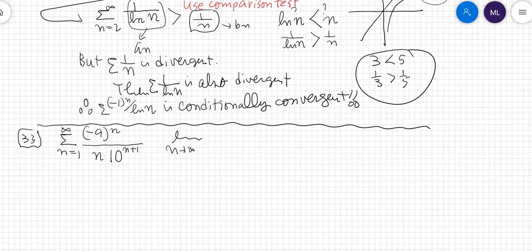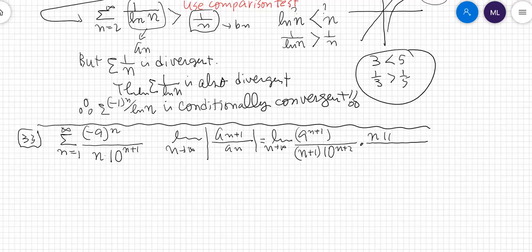Now, I'm going to use, let me think, the ratio test, okay? a n plus 1 over a n, which is the limit as n goes to infinity, 9 to the n plus 1, negative all disappears, n plus 1, 10 to the n plus 2, and then n, 10 to the n plus 1, 9 to the n.